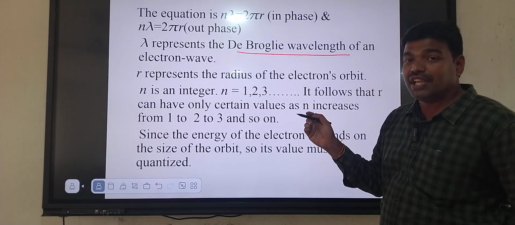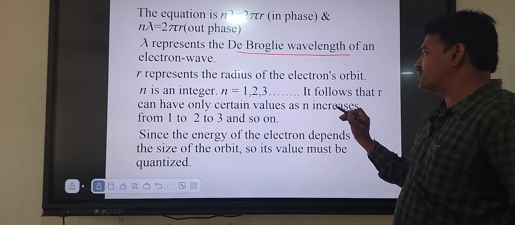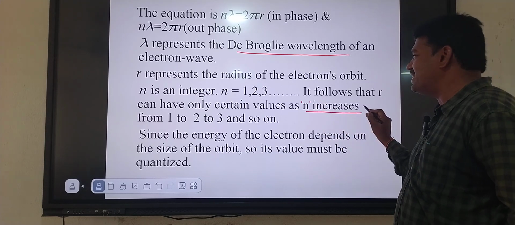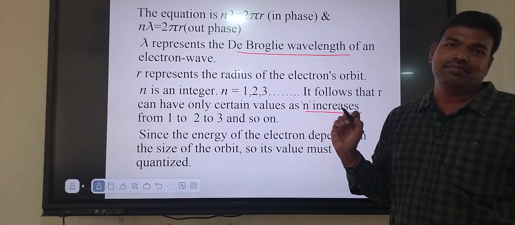From this, it follows that r can only have certain values as n increases from 1 to 2, 2 to 3, and so on.